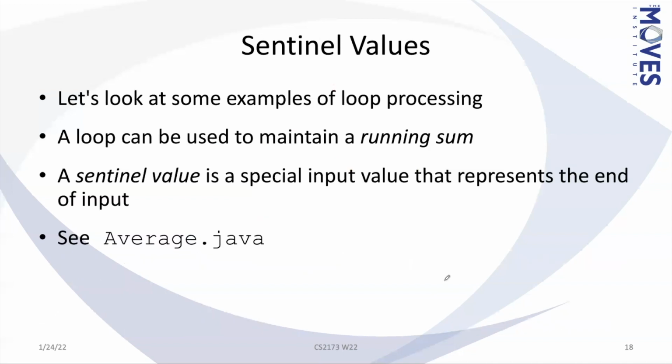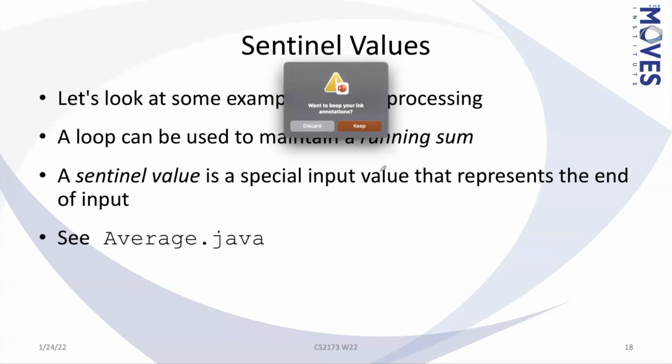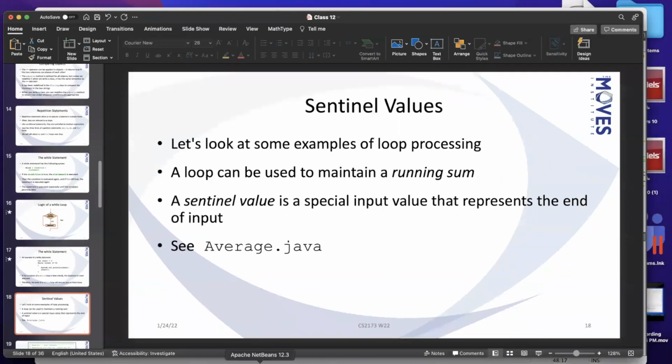Now, one way to stop a loop is something that they call a sentinel value. That's a useful thing, but the book has an example that is not ideal, so I want to show you a better example.